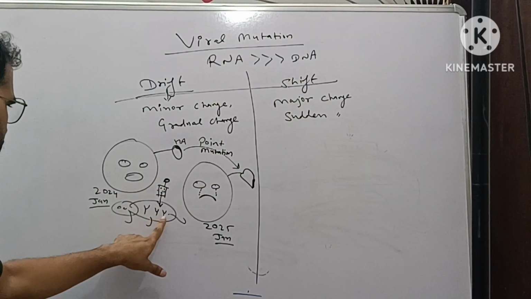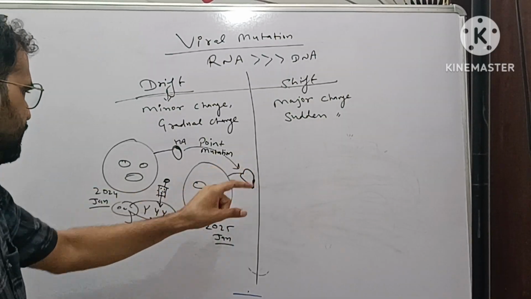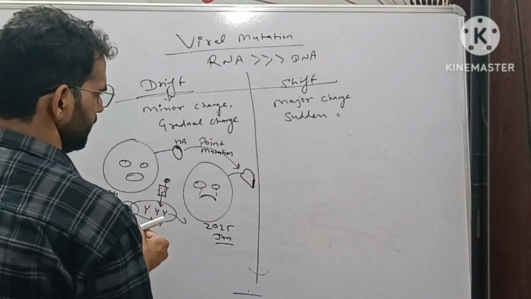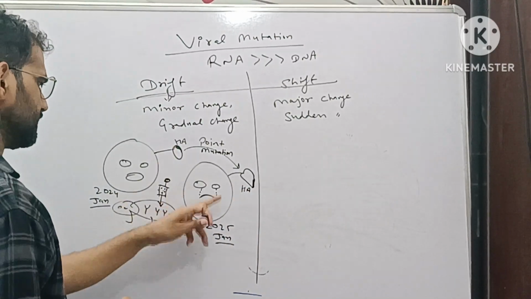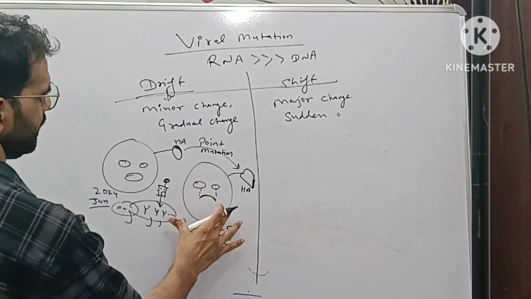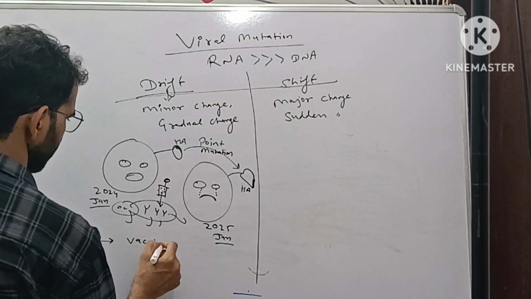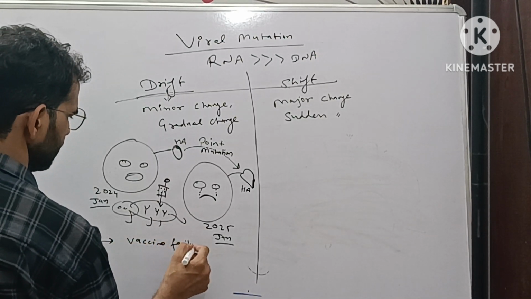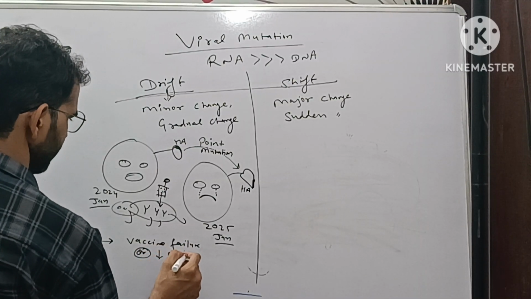Now these antibodies are no longer able to recognize this changed hemagglutinin surface glycoprotein. So this may lead to vaccination failure, or to reduced efficacy of the vaccine.